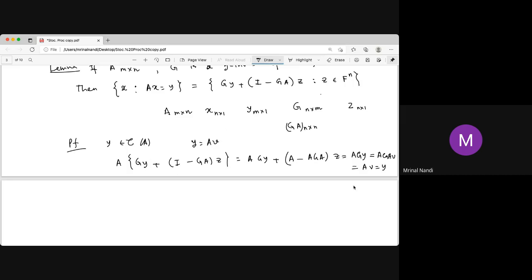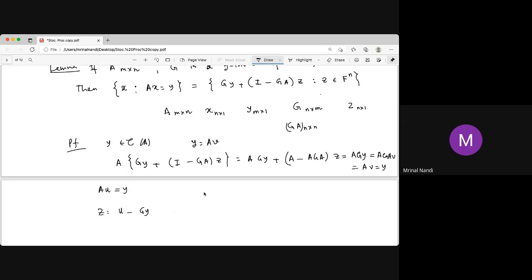So this is a solution. Conversely, we have to prove that any solution can be written in this form. Take any solution u, so Au equal to y. Now we have to show that u can be written in this form. We put z equal to u minus Gy.